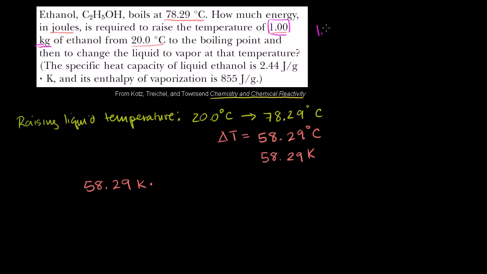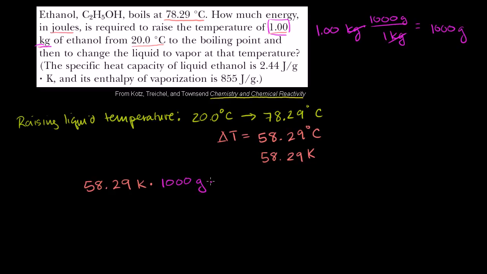We can write 1.00 kilogram times 1,000 grams per 1 kilogram. The kilograms cancel out, giving 1,000 grams, although the reality is we only have 3 significant digits, and this makes it look like we have 4.